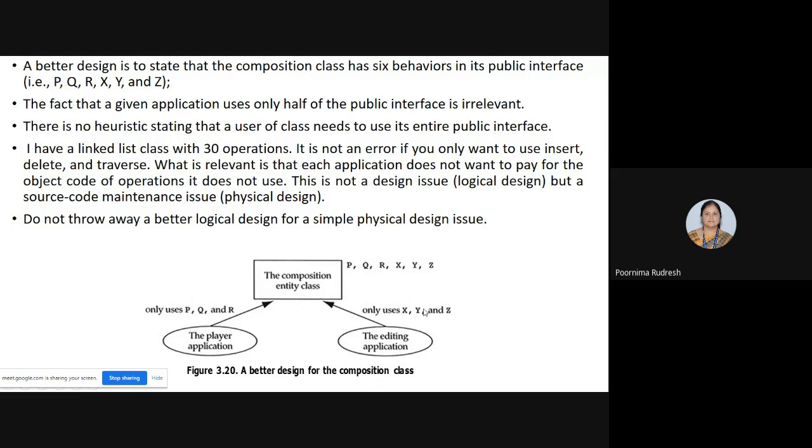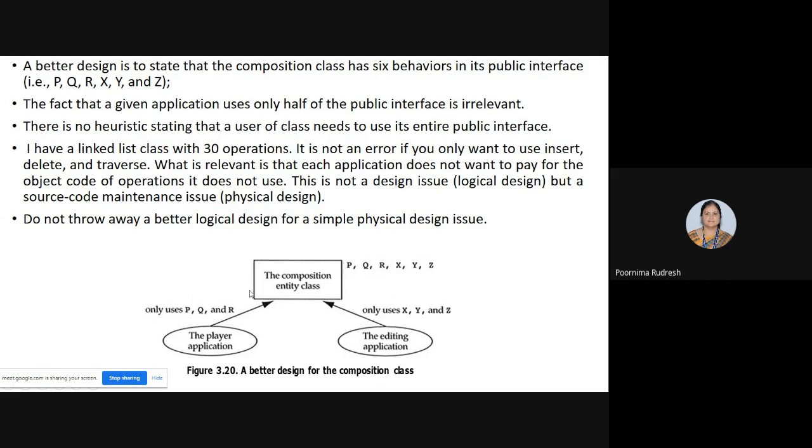But the editing application doesn't want to do that. It wants to pay only for the behaviors or operations that it is using. Similarly, the playing application is using only 3 behaviors, so it wants to pay only for those 3 behaviors, not for all the operations.